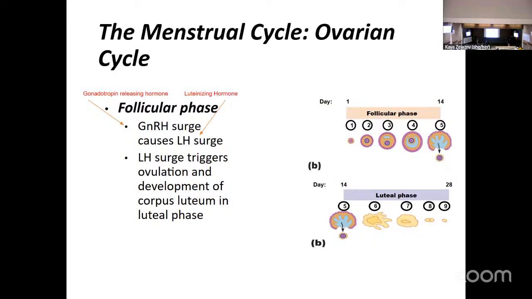So in order for ovulation to occur, in order to have our mature follicle, our Graafian follicle, burst and actually send our egg cell into the reproductive tract, we are going to see a spike in hormonal levels. We refer to that as the LH surge. So we're going to see a surge in luteinizing hormone that triggers ovulation and sends us into the luteal phase. That's where it gets its name from.